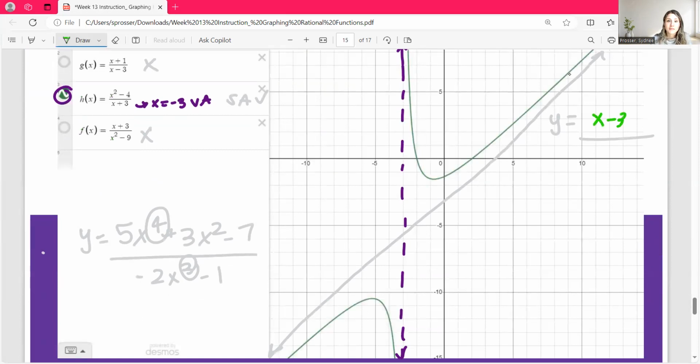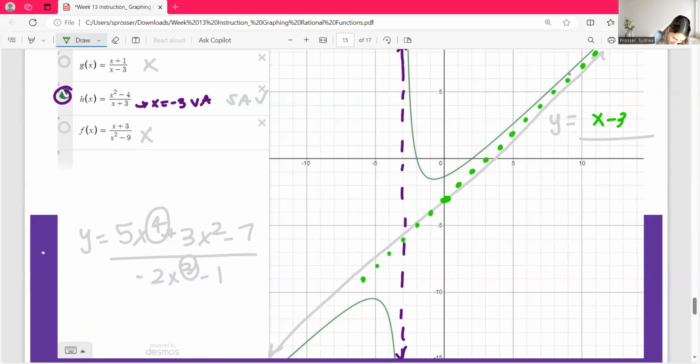So let's just check, does that make sense? Let's go ahead and graph that line. My y-intercept is -3, and the slope is 1. Then let's plot this point, going down 1 over 1.